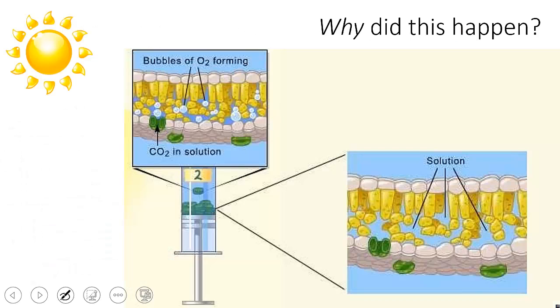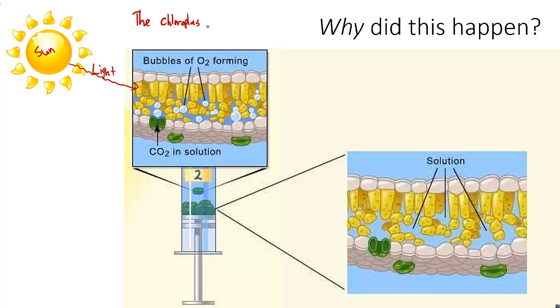Now, why did that happen? Well, we took the energy from the sun, that light energy, and we put that into the cells, and they did photosynthesis. It's actually the chloroplasts. The chloroplasts took the light, the CO2, carbon dioxide, and some water, and did photosynthesis.